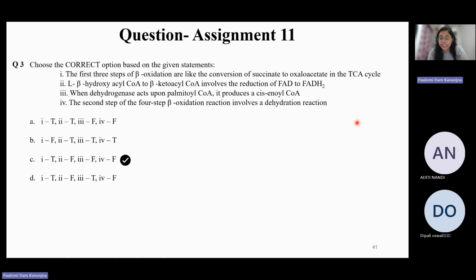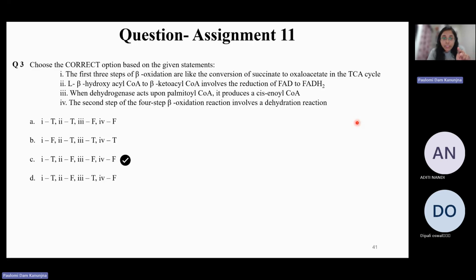The correct answer here is C. The first statement is true, because the first three steps of beta oxidation are like the conversion of succinate to oxaloacetate: dehydrogenation, hydration, and dehydrogenation, which is similar to what happens in the TCA cycle. The rest are false.